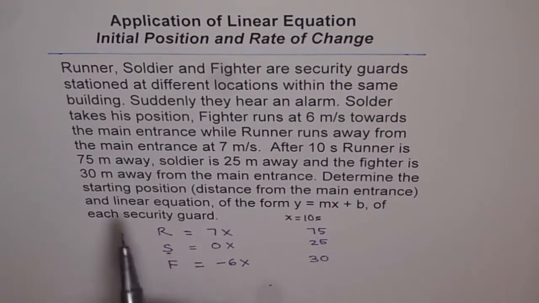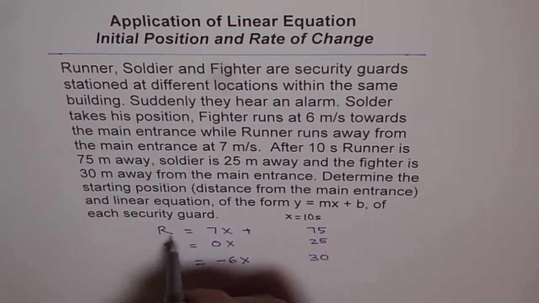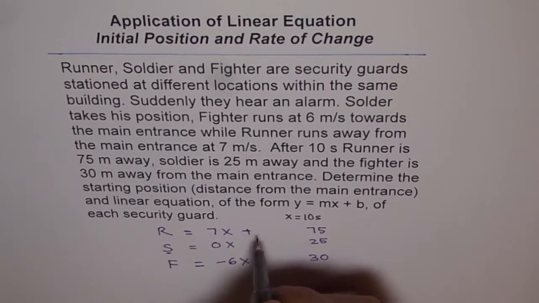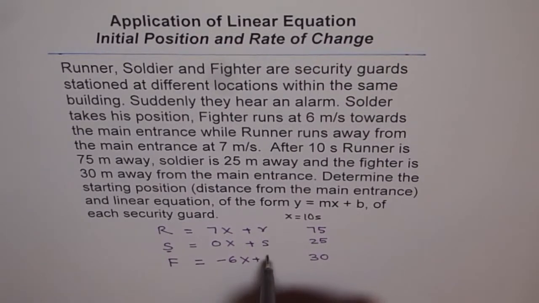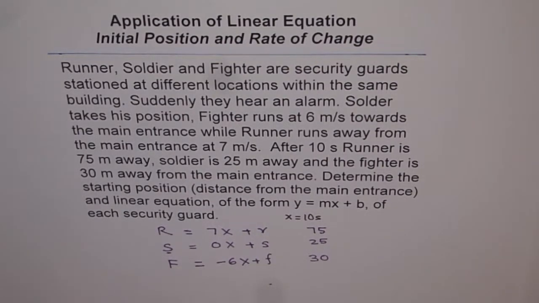Determine the starting position. So we don't know their starting positions. So let's say the starting position for runner is R, the starting position for soldier is S, and the starting position for fighter is F, right? These are their initial values, the starting position. What we know is after 10 seconds, these are their new positions, right?